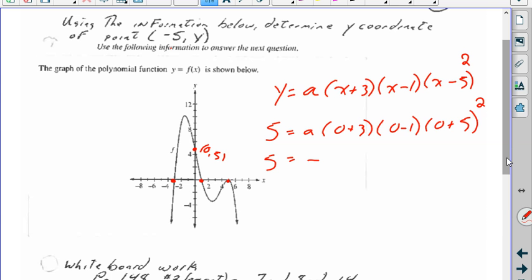We have negative... cubed... 25 times 3, so 5 is equal to -75a, and a is equal to -125.